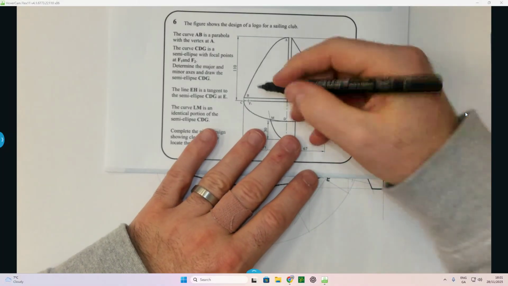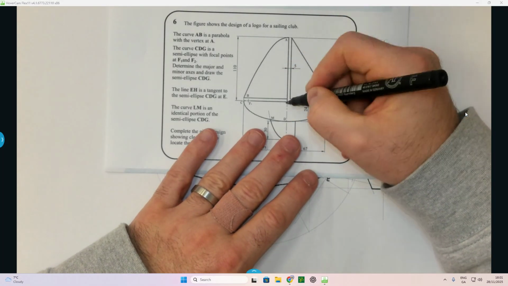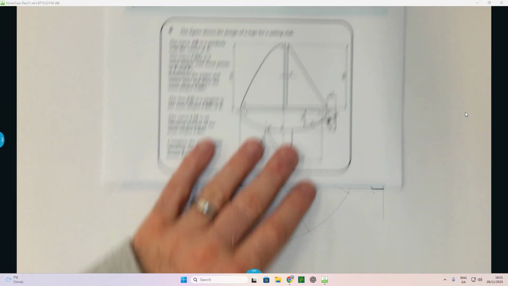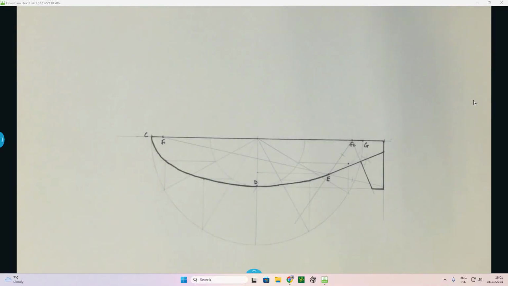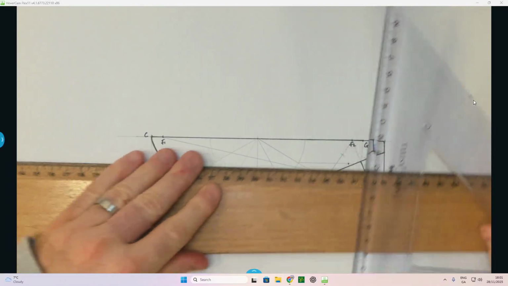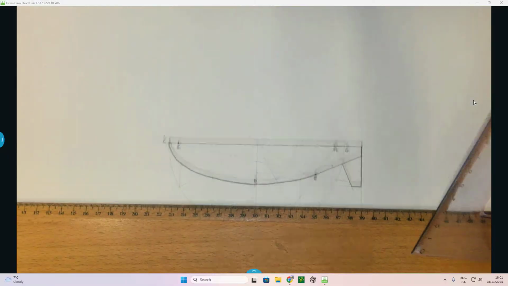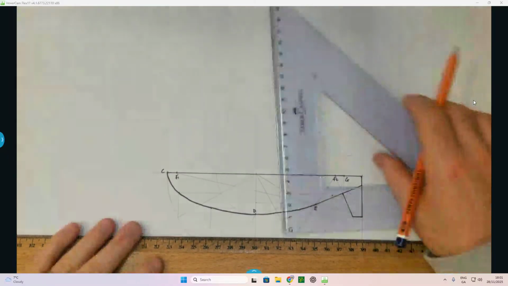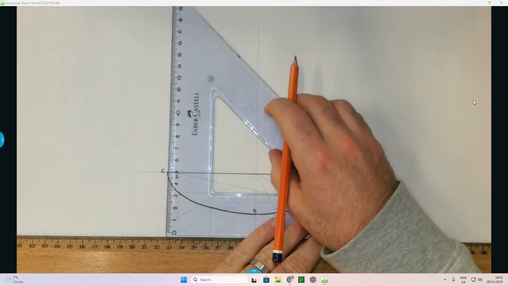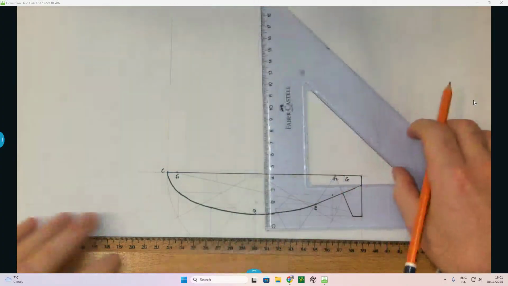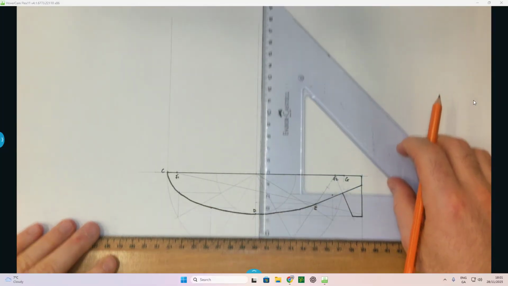Okay, so to get my parabola, I'm going to go up 110, mark 5, go across, and it's in line with C. So I need to make a rectangle from there. So, I'll zoom out here a little bit. From the middle here, I'm going to do a line up. And from C, I'm going to do a line up. I'm going to measure a distance of 110 up.